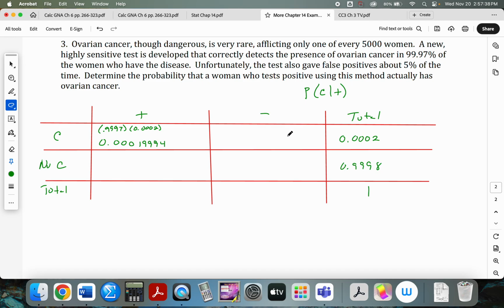So subtracting that from the 0.0002, so this is going to be 0.0002 minus 0.00019994, we get 0.0002 minus that answer. Oh, sorry, I accidentally did times that answer.